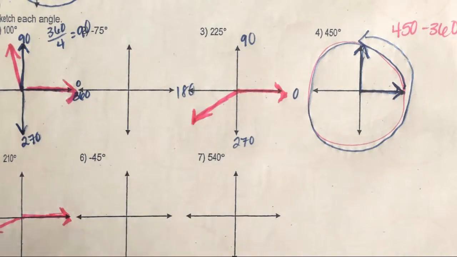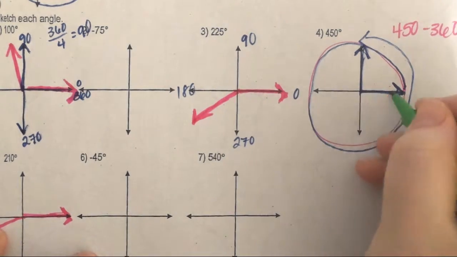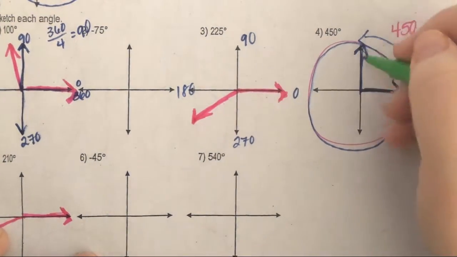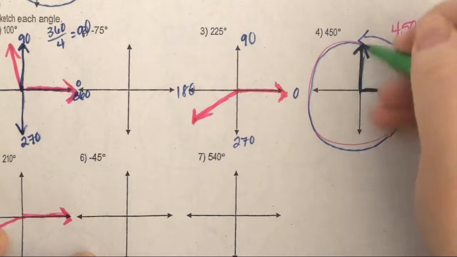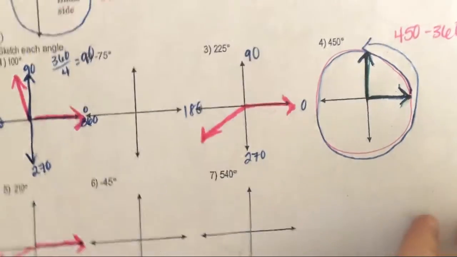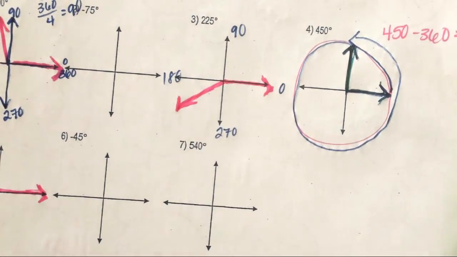All you actually have to have on your paper is this and the 90. Ignore my ugly arrows. You don't have to have the arrows showing it circling and circling. That's just me explaining things. It's like a clock. You know, it keeps going and keeps going.